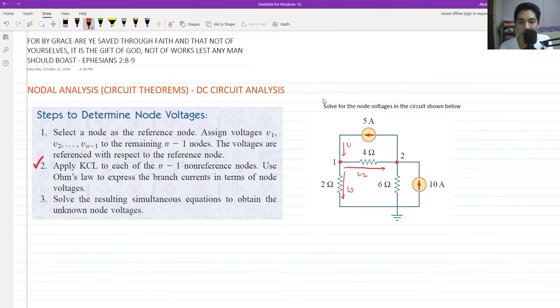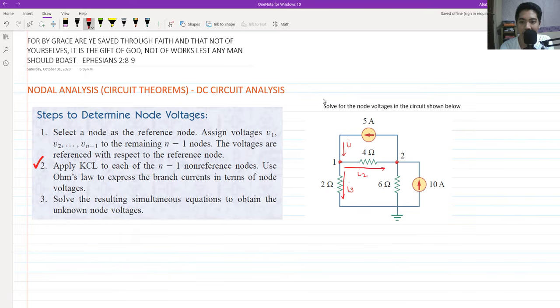So we have I sub 1, I sub 2 and I sub 3 here, the current that flows here. Take note that this I sub 2 is not the same as I sub 3 because we don't have the same resistances. In the case that we have the same resistances, most probably they have the same current.